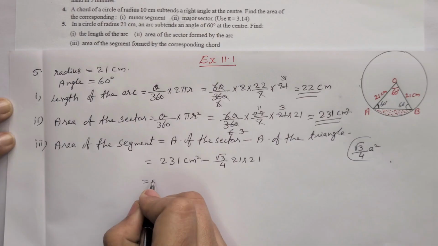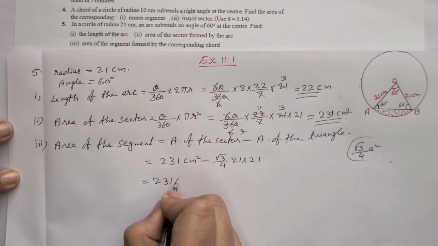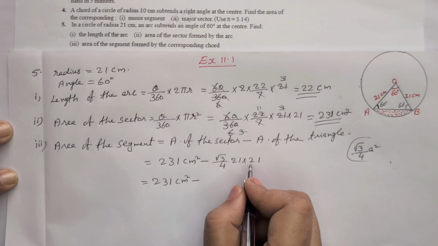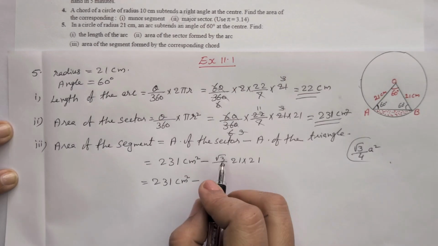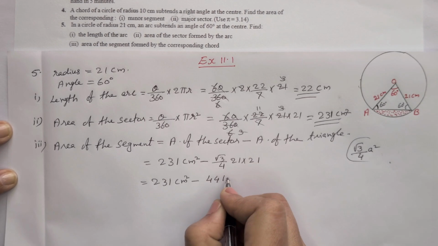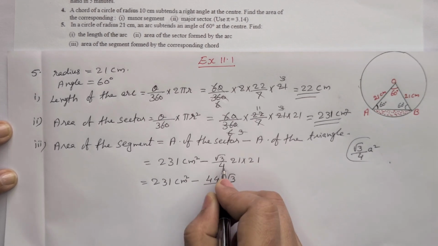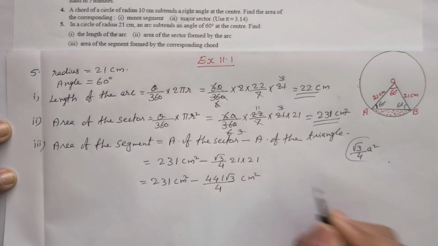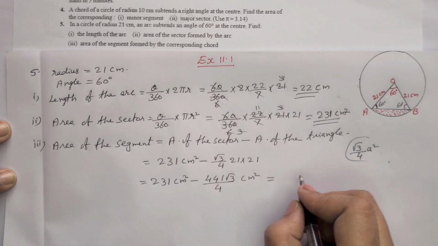This we can write as 231 centimeter square minus 21 into 21, which is 441, into root 3 by 4 centimeter square. You can write centimeter square as common.